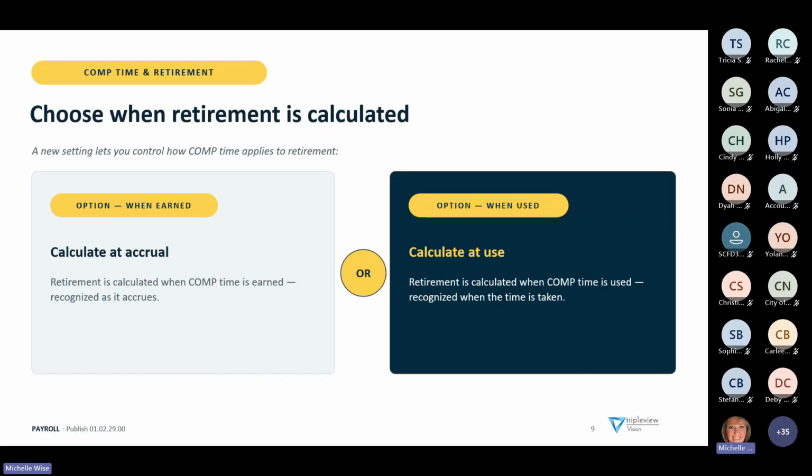Just send us a quick email, explain the situation, and we will get the toggle set up for you. And then eventually this will be something that is added to the system where you can choose that and manage that on your own. But as I mentioned, the system now will calculate based on your need. However, you need to send us a request to make sure that it's set up with which one you want.